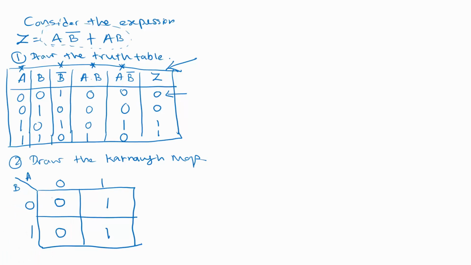A 0 situation, B 0 situation. Value of A 0, B 0, Z is 0. Next, value of A 0, value of B 1, Z is 0. Next, value of A 1, value of B 0, Z is 1.